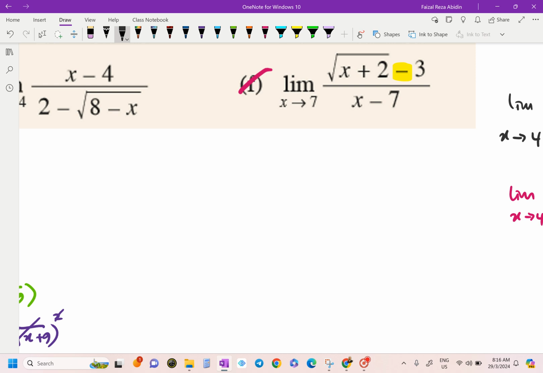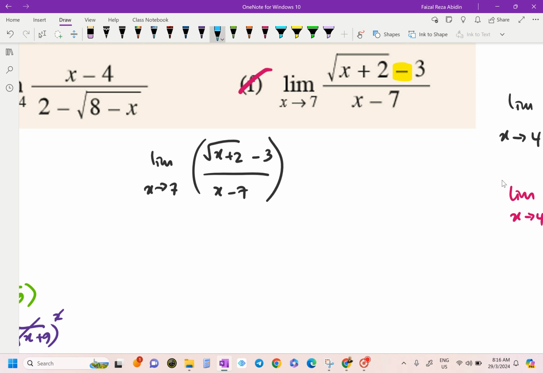So this one, you're going to get limit x to 7. Just copy back square root of x plus 2 minus 3 over x minus 7. We are going to multiply with square root of x plus 2 plus 3 over square root of x plus 2 plus 3.